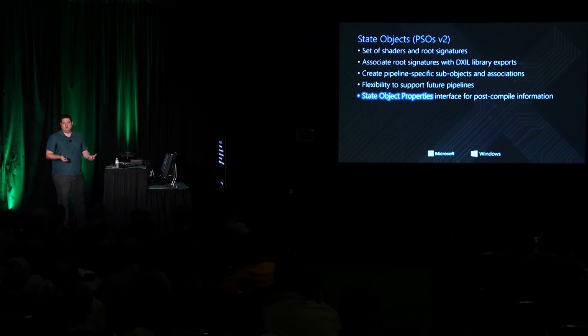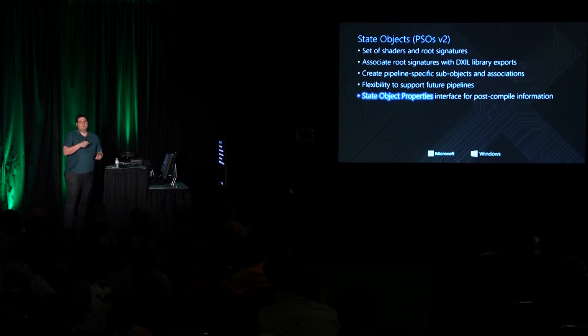So you could imagine a world where you're representing either your graphics pipeline state or your compute pipeline state in a state object. For now, state objects just represent ray tracing pipelines, but they're also designed to be able to support future pipelines as well. How they function is you essentially associate a DXIL library, and you define the exports on that library within the state object. You can then create pipeline-specific state sub-objects and associations with those.